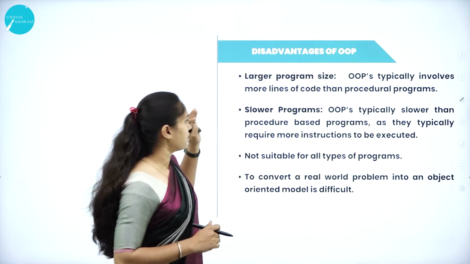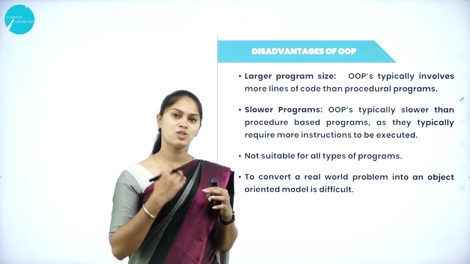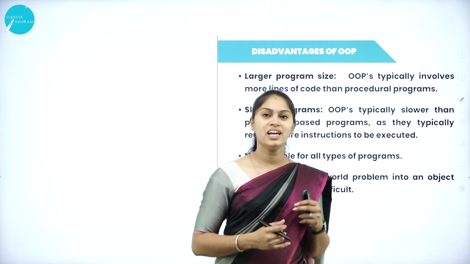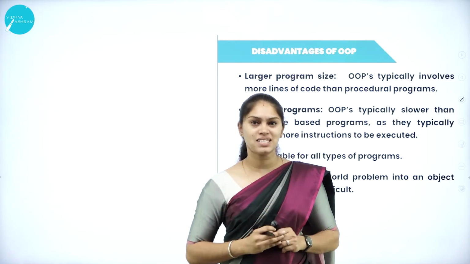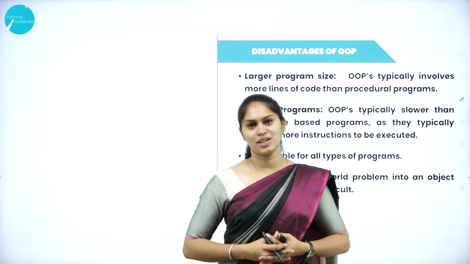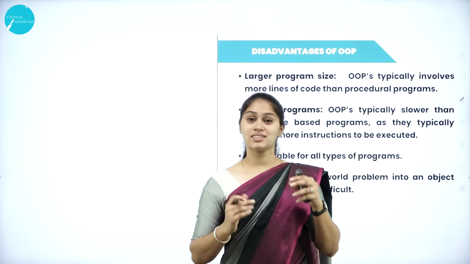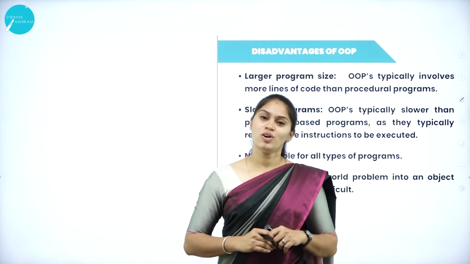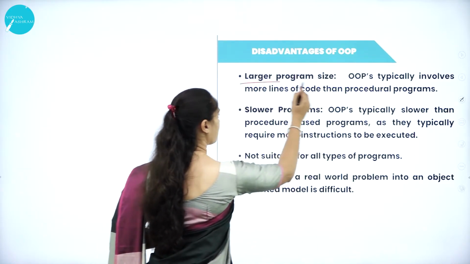We'll see this: larger program size. If I want to build software for a complex task, can we write 2 lines of code for that? Obviously no. So then it will be what? Larger in program size. That could also be considered as one of the disadvantages. So that is: larger program size.